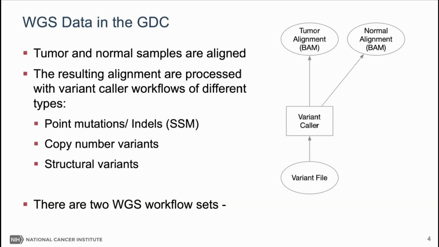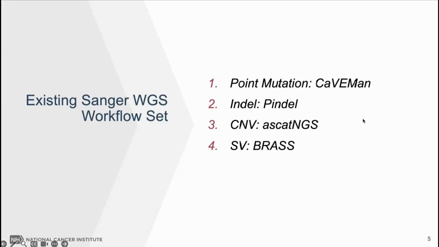So there are two whole sets of whole genome sequencing workflows. The first one is the one that you'll see a lot of in the current portal. It's the existing Sanger whole genome sequencing workflow set. This includes point mutations from the Caveman pipeline, indel mutations from the Pindel pipeline, copy number variants from the ASCAT NGS pipeline, and structural variants from the BRASS pipeline.